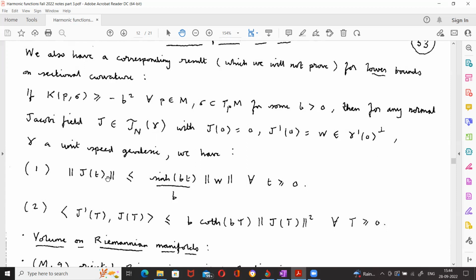So in this case, you get an upper bound on norm J, this is less than or equal to sinh BT over B into norm W. And similarly, inner product J prime J is less than or equal to B coth BT into norm J squared. Okay.